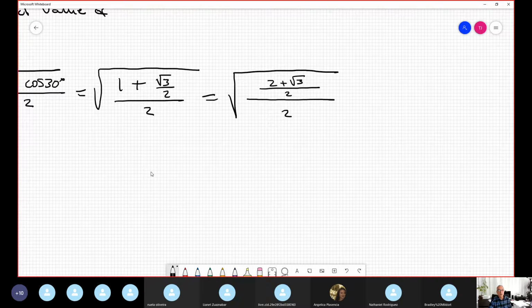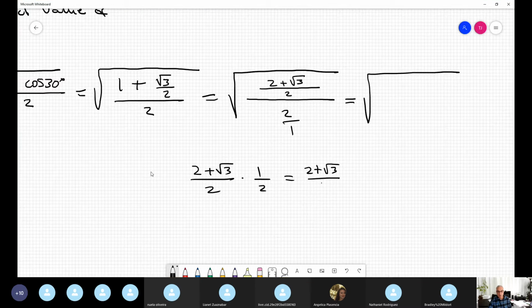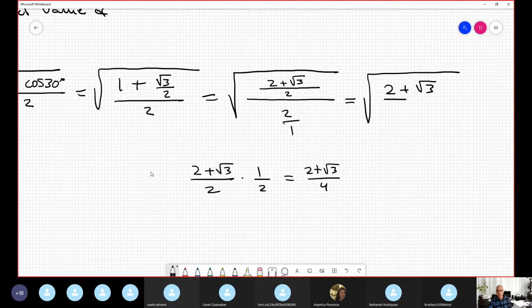You find the least common denominator, and you split that. 2 divided by 2 is 1, and radical 3 divided by 2 is itself. Now, the division, let me do a division here: 2 plus radical 3 over 2 times 1/2. Okay, flip it. That is 2 plus radical 3 over 4, because 2 times 2 is 4. So 2 plus radical 3 over 4.